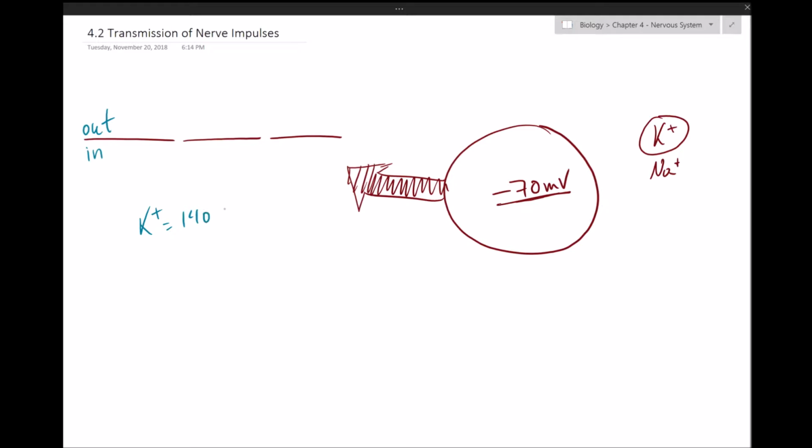And that number is actually 140 millimolar compared to the outside, where there is only about 4 millimolar. This concentration difference makes it very favorable for the potassium ions to move outside of the cell.